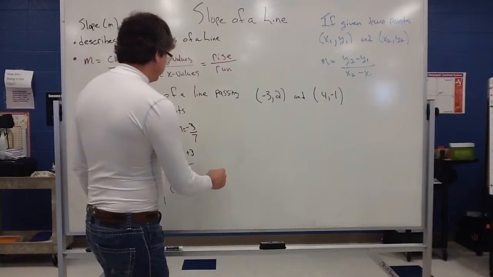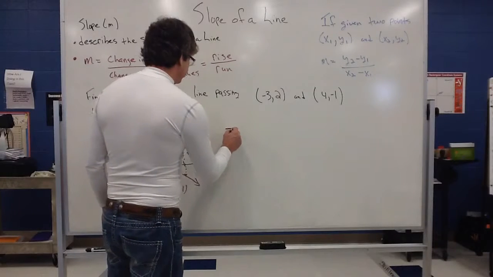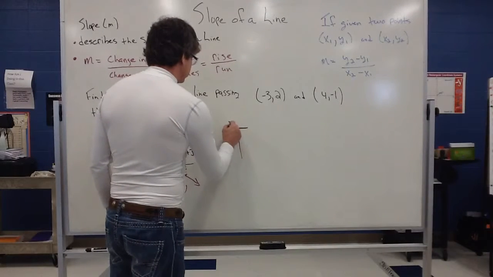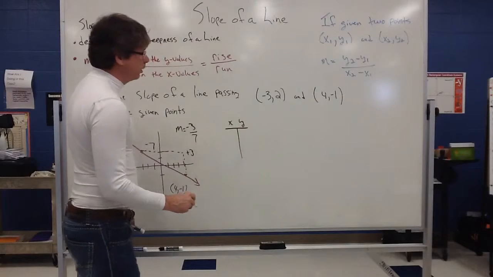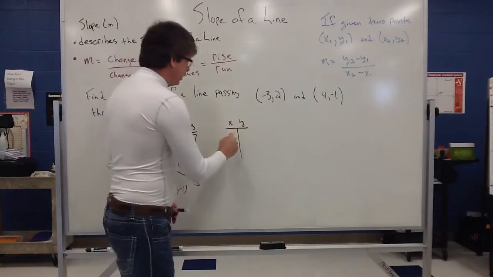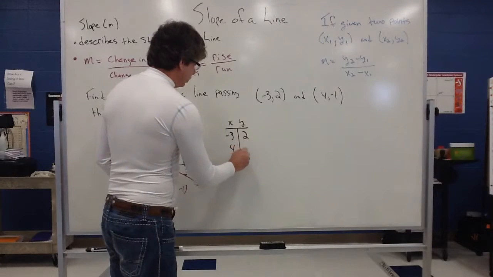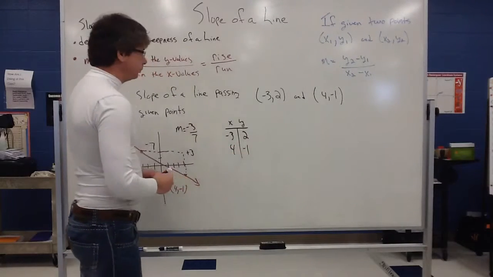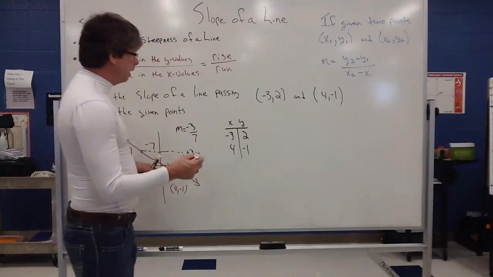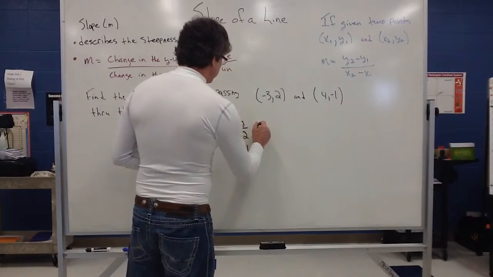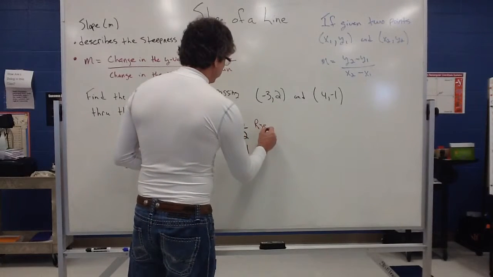Another way you can do this is make a table. Sometimes I can see things better in the form of a table. So I have a (-3, 2) and a (4, -1). Again, my slope is the rise over the run.